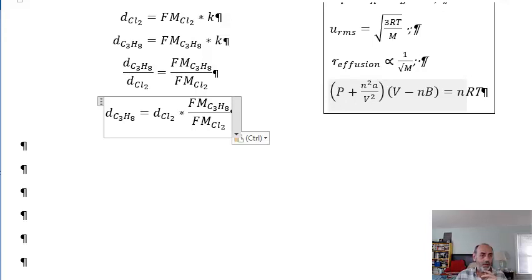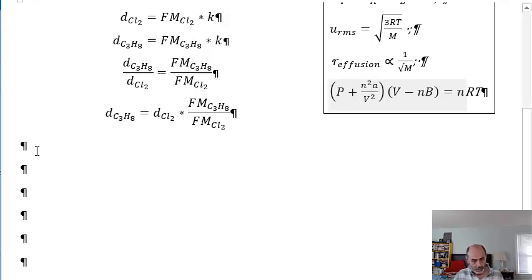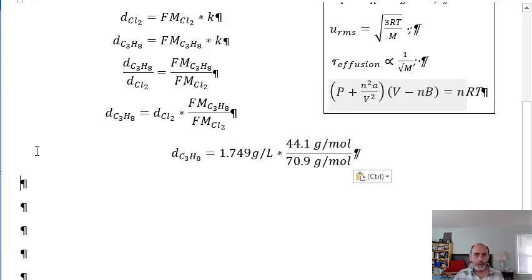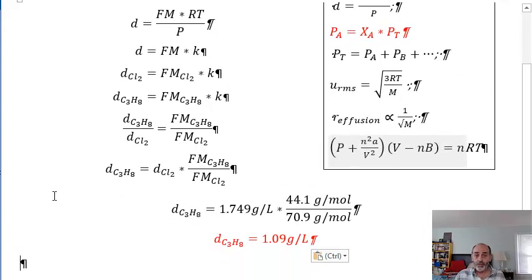Now we know the density of the Cl2 because that's given in the problem, and we also know the molecular weights of Cl2 and propane, so they are here. And that leads us to a predicted density of 1.09 grams per liter. That was actually a fairly straightforward problem, wasn't it?